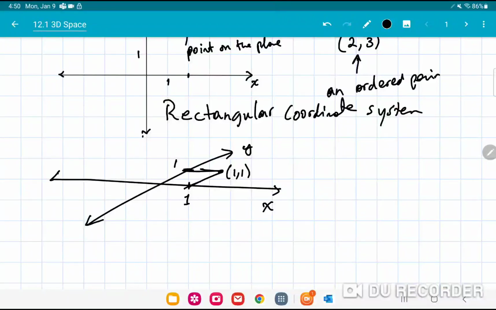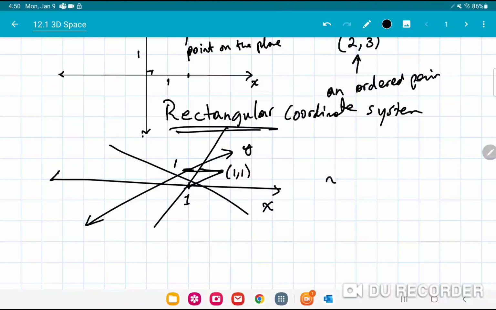So conveniently, we pick the right angle axis. The 2 axes make a right angle, and not really an oblique angle like that one. Okay, that's why we have a rectangular coordinate system. It's a convention and it's very convenient.